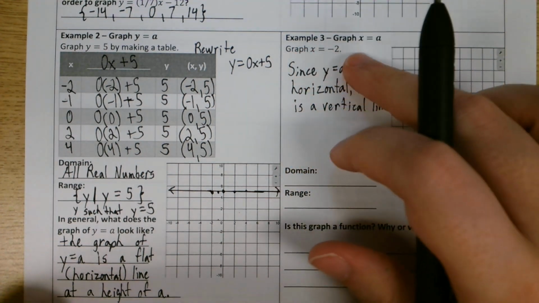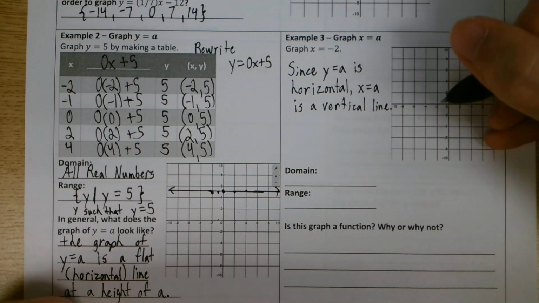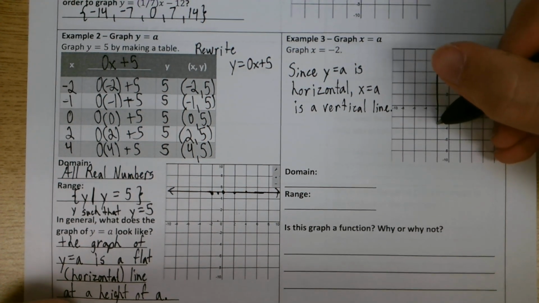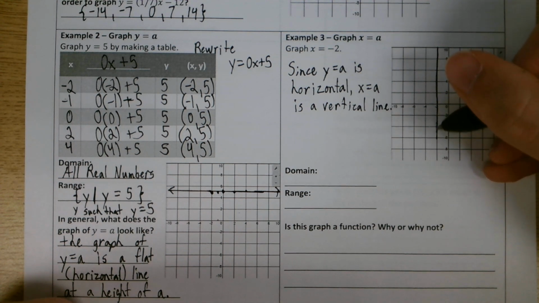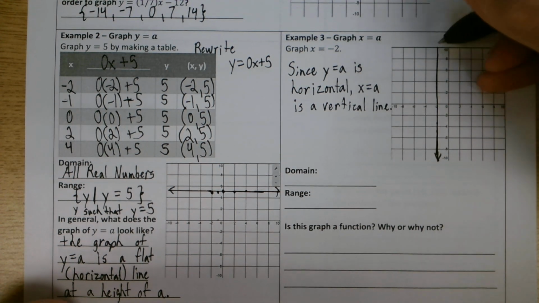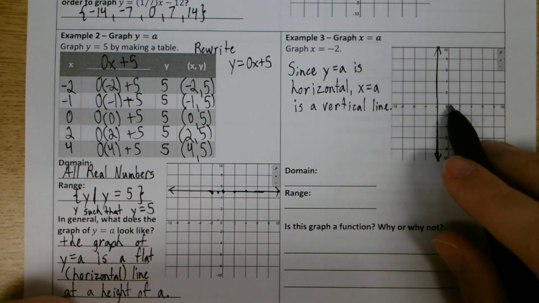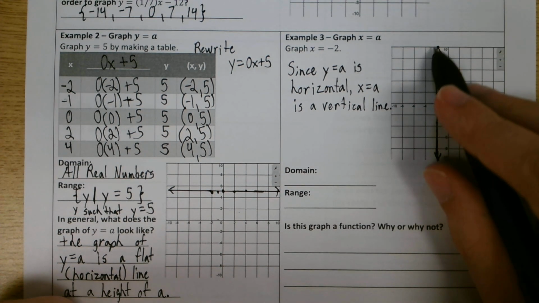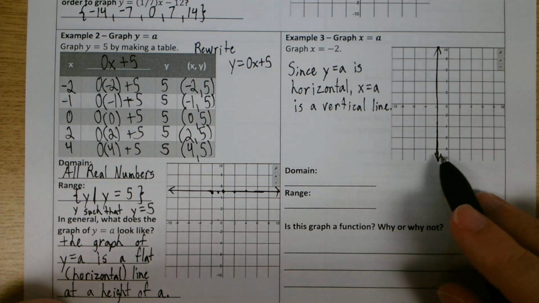We'll draw a vertical line at x equals negative 2. Start at 0, go to negative 2 for your x, and just draw a line straight up, straight down.